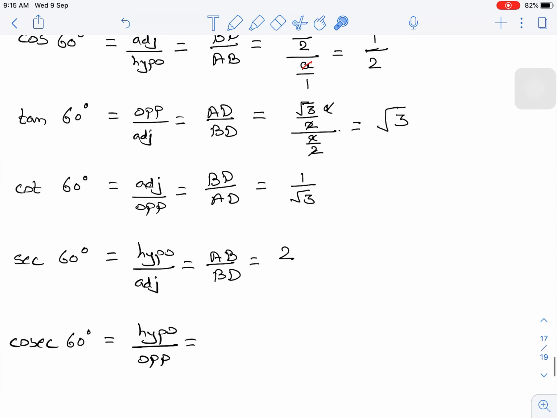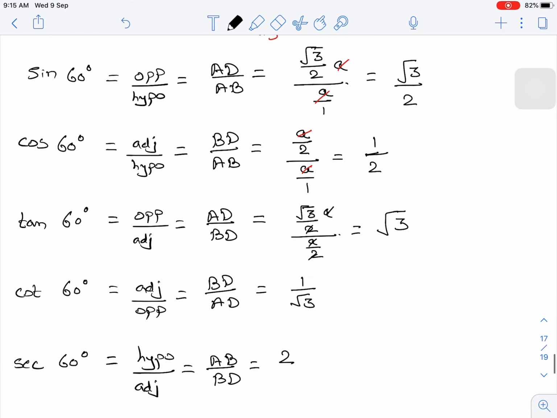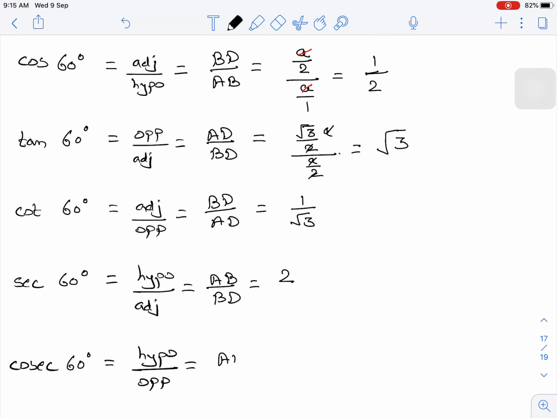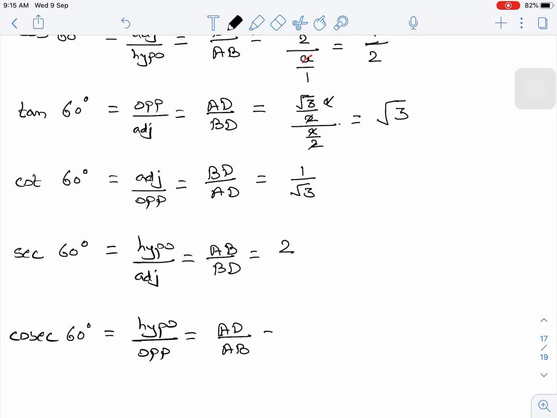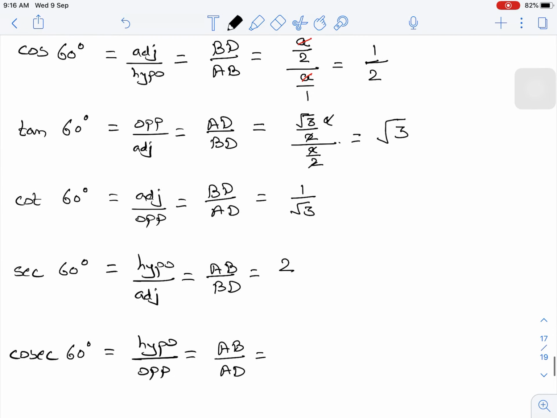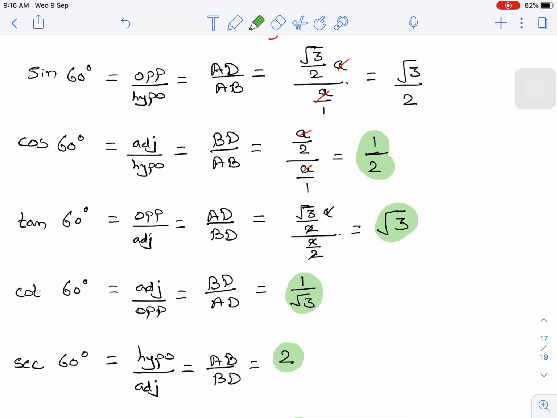So you will get cosec 60 equals, sorry, it is AB upon AD, which equals 2 upon root 3. So in this way we have calculated trigonometric ratios for angle 60 degree.